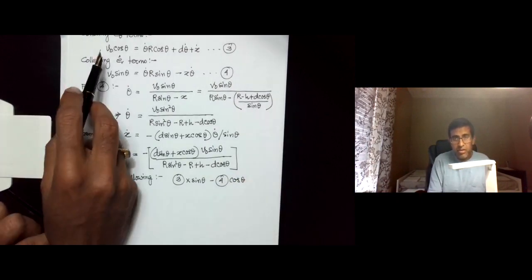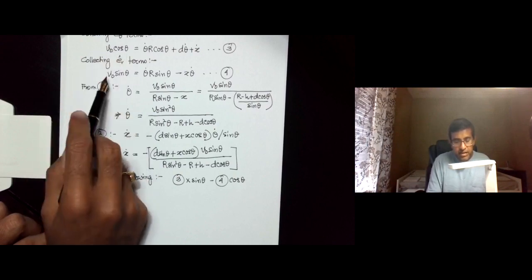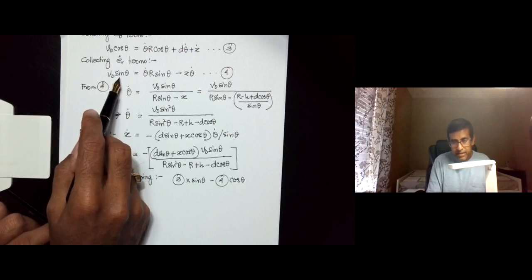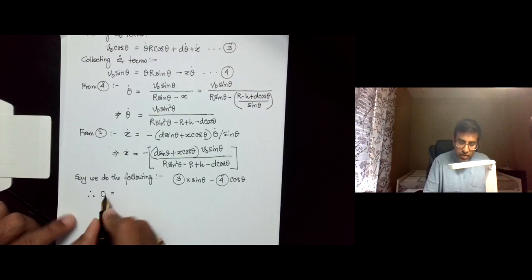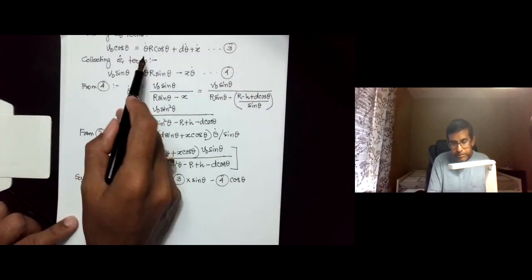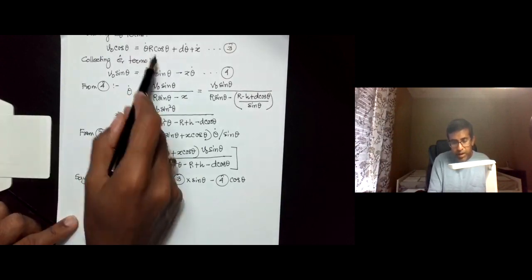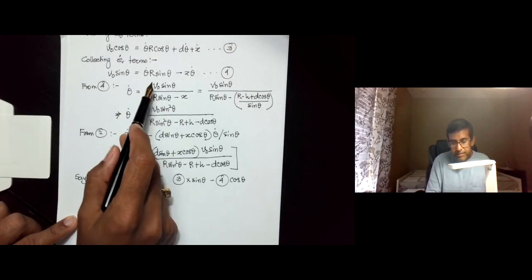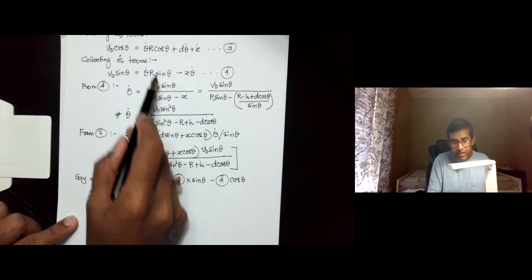What will happen is, on the left hand side, when you do the subtraction, you have v naught cosine theta sine theta minus v naught cosine theta sine theta. So they would cancel. So then we will have 0 is equal to, now if you are multiplying the right hand side of 3 by sine theta, and the right hand side of 4 by cosine theta, when you subtract, these terms will also cancel.